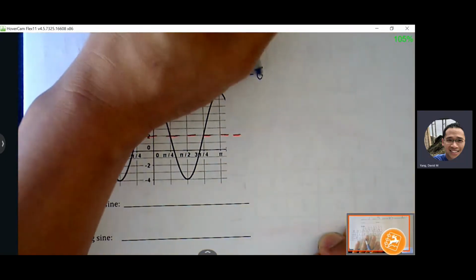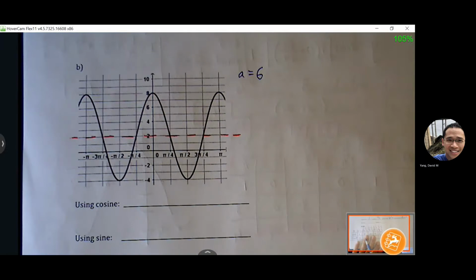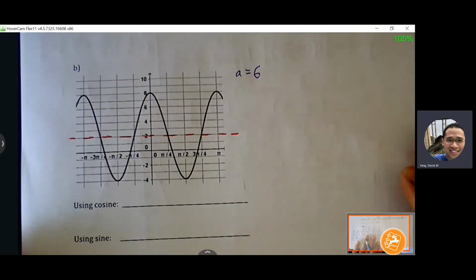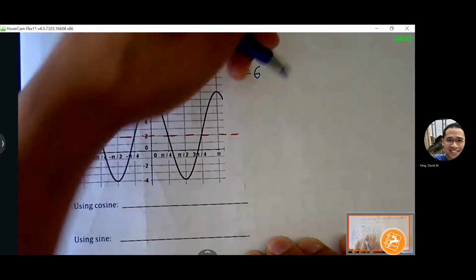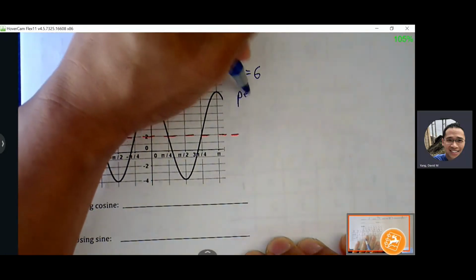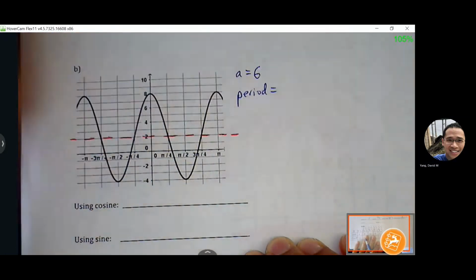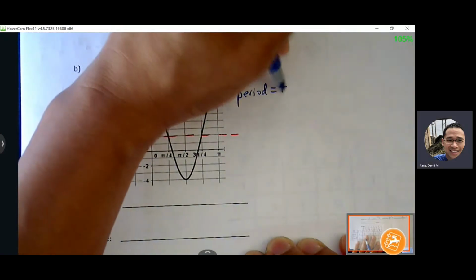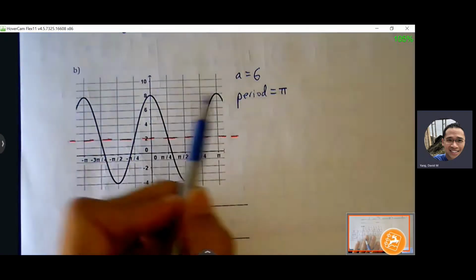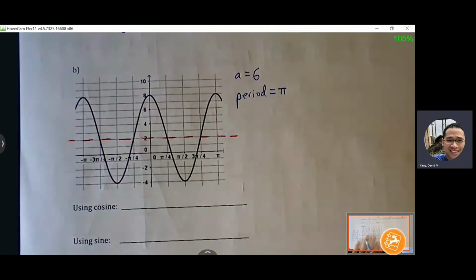Is there a reflection here? No, right? That cosine graph looks exactly like the one that we expect from an original parent graph. Our period, pi, right? From peak to peak, that completes one cycle.